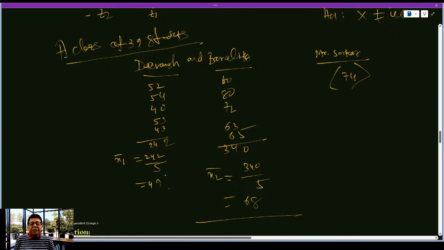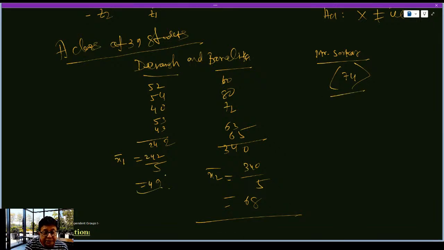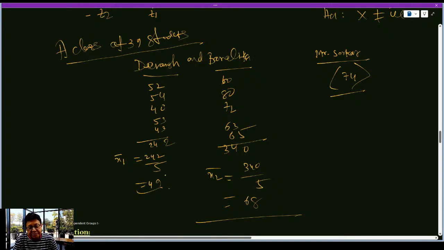See the difference now. With this sample, Devans had estimated his marks far deviated from 74. This is an error in your calculation.